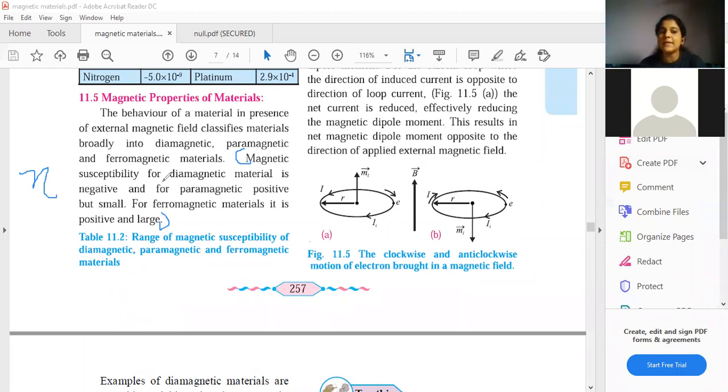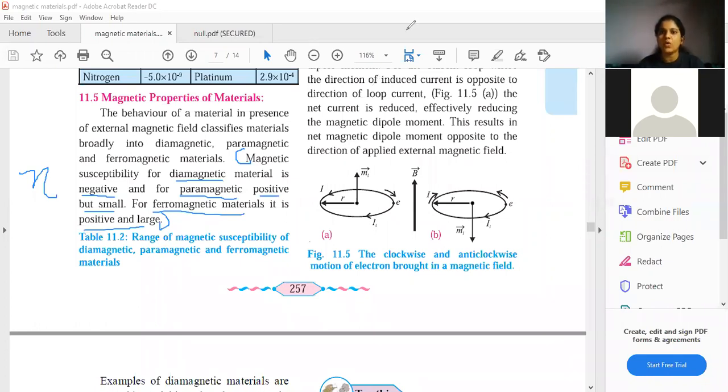So magnetic susceptibility for a diamagnetic material is negative. For a paramagnetic material, the value is positive, but the magnitude is small. And for a ferromagnetic material, it is positive and large. These are certain points that you all have to remember.